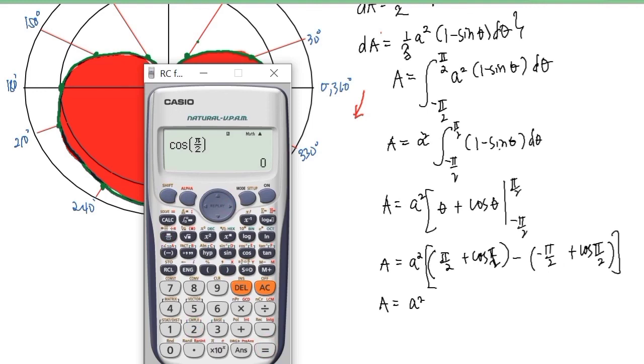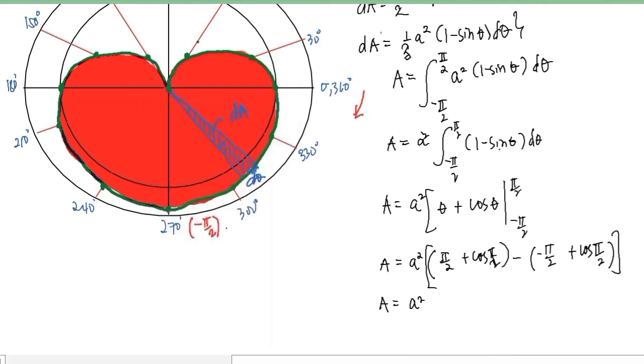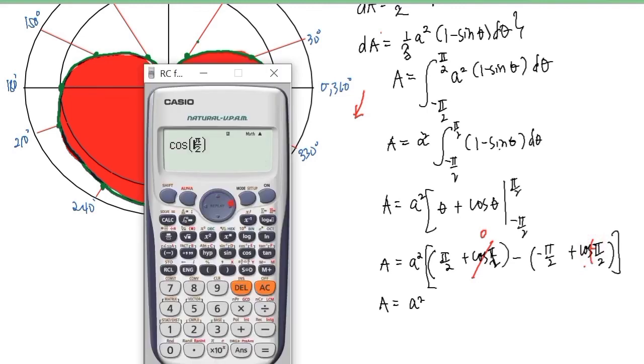That is 0. So, meaning, this cosine of pi over 2 here is equal to 0. So, try natin yung negative na pi over 2.